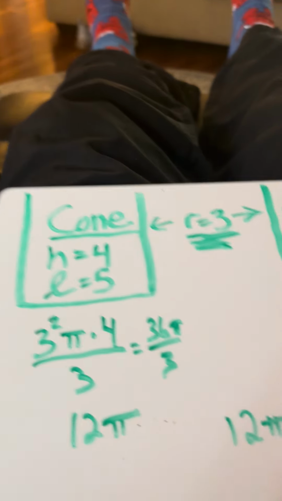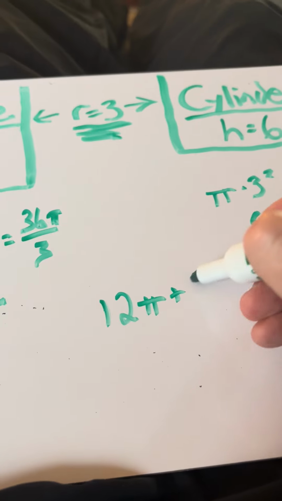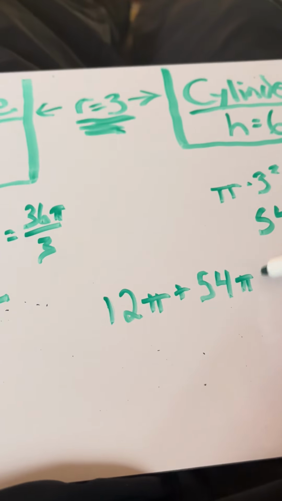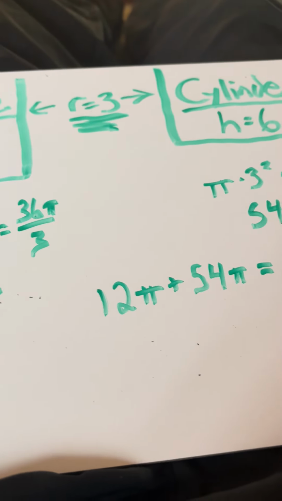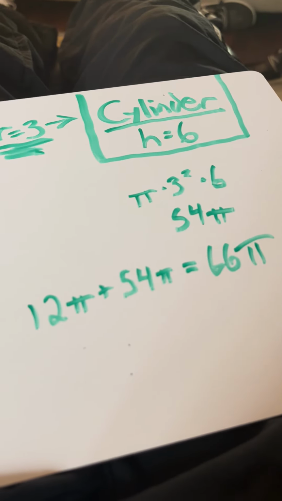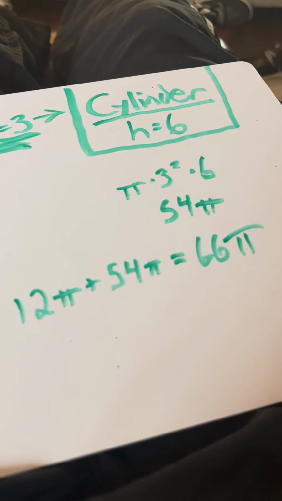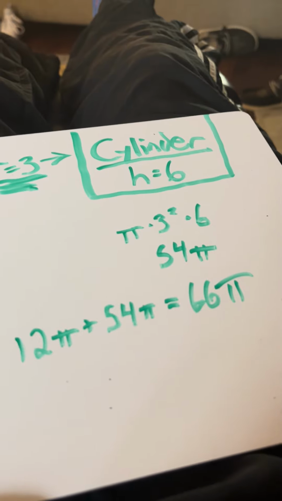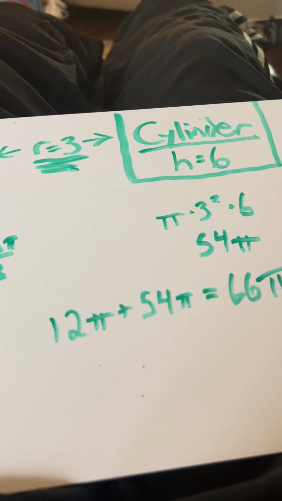So 12 pi plus 54 pi is going to be 66 pi. And that would be in cubic units. Pretty easy, right?